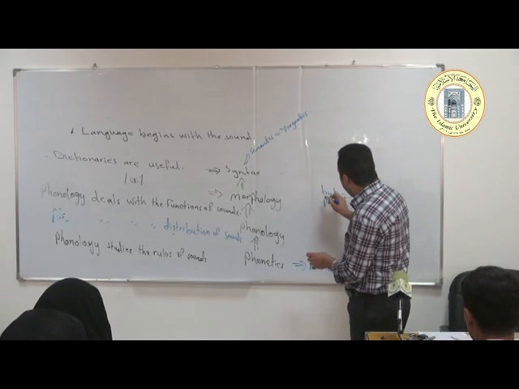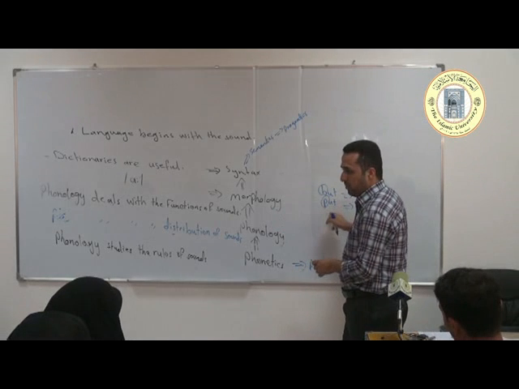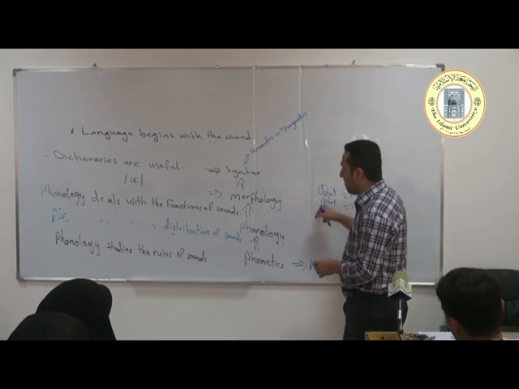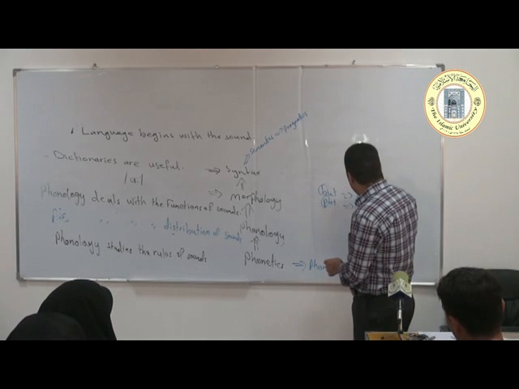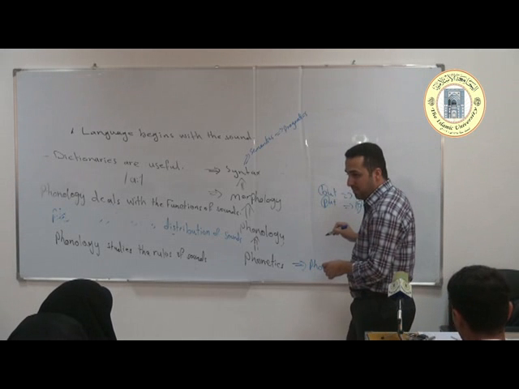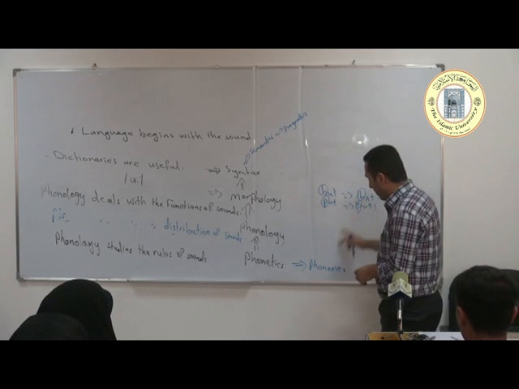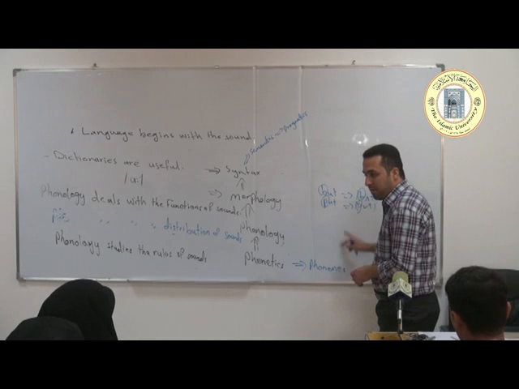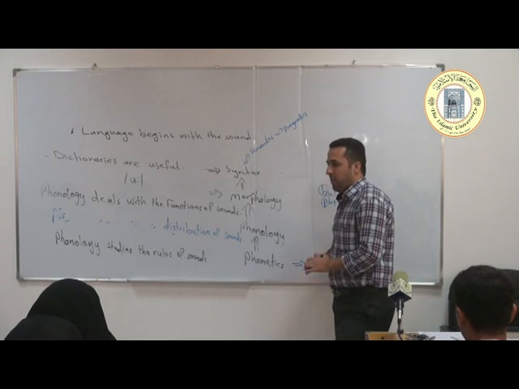But the distinction here between those two words is what? Is pe and be. Okay? Which is what we consider here phonetically, not morphologically. Phonetically, they are what? Phonemes. Okay?